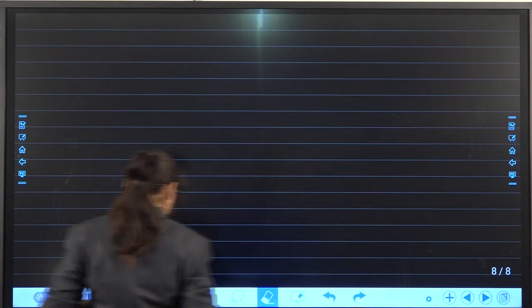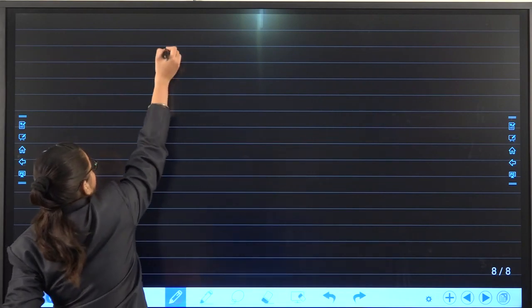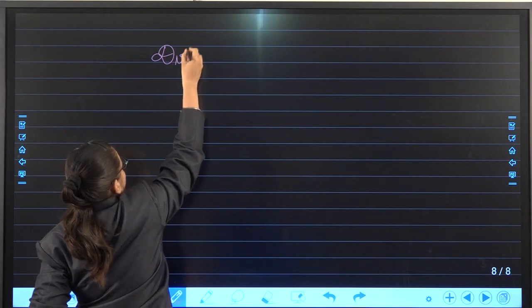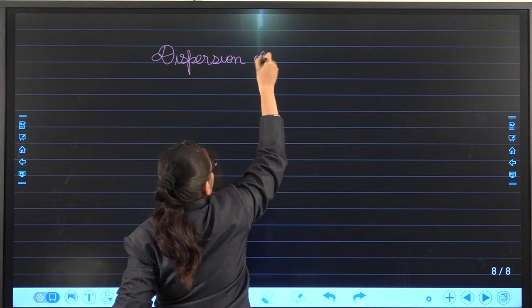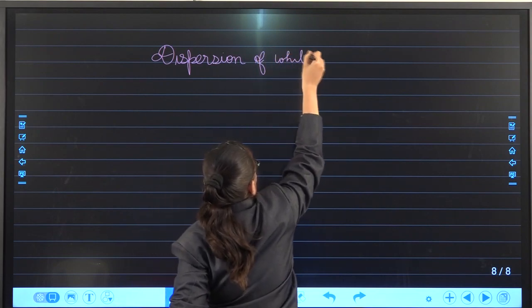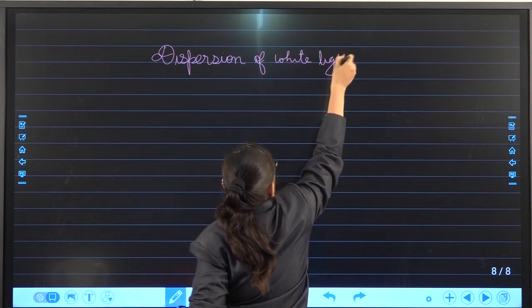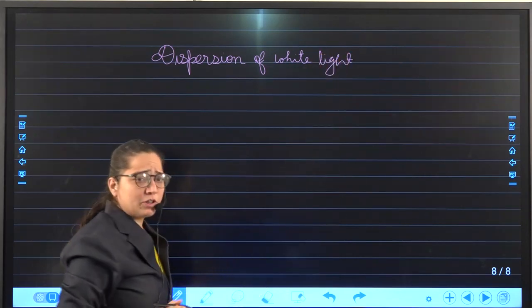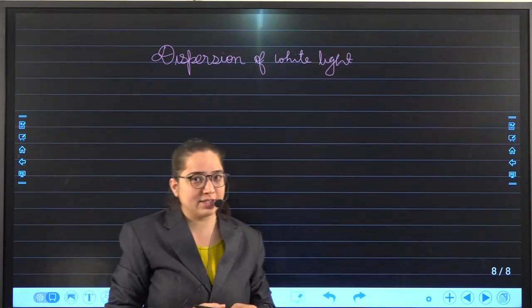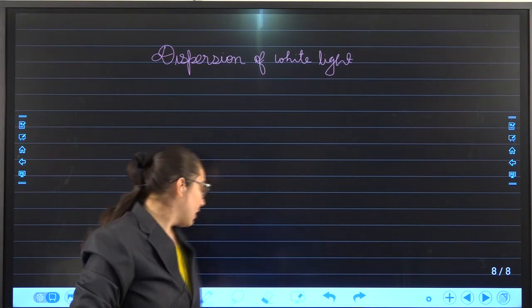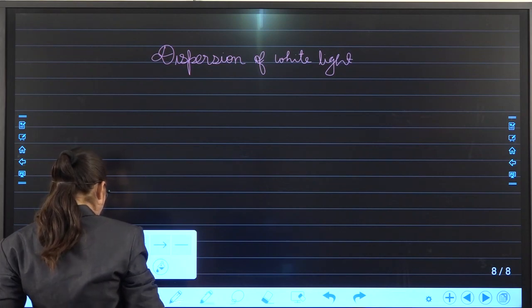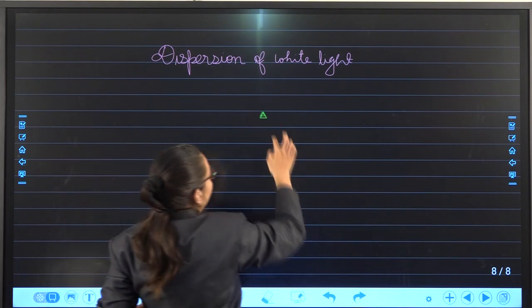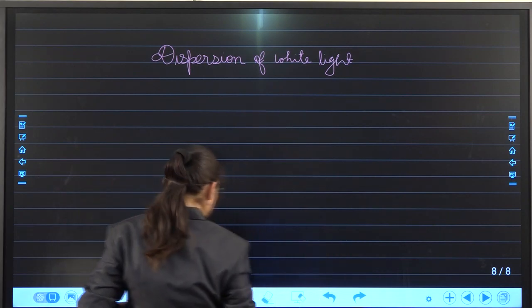Now let's move further to the next concept, that is dispersion of white light. Now, how does the dispersion of white light take place? Very simple it is. You have already seen it in your lower standards, but we are doing it again. You have a triangular prism.